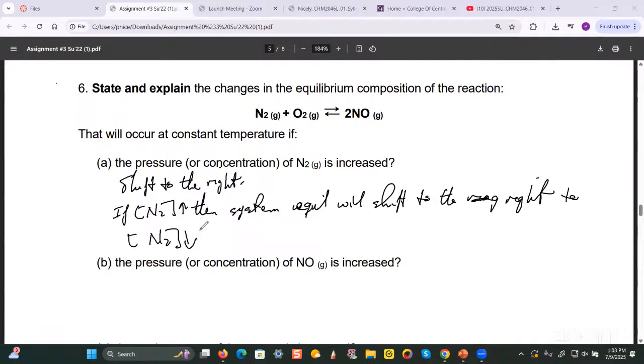And that's pretty much all I expect as the answer to that question, right? So you're predicting the shift and then you explain, right?